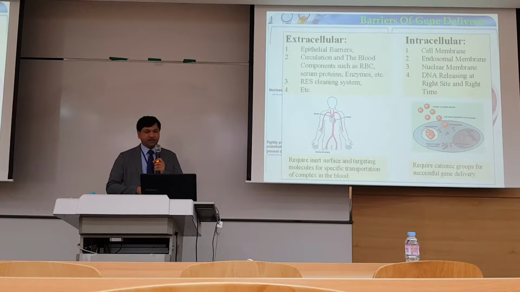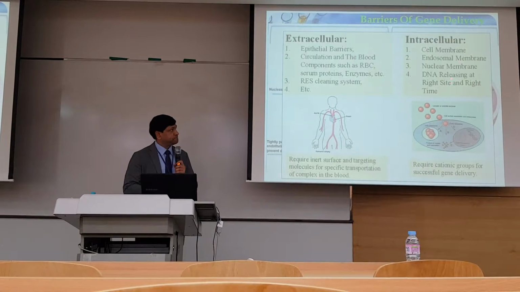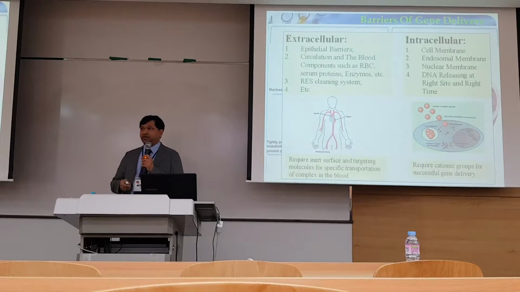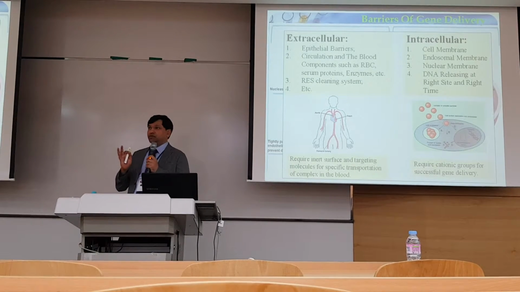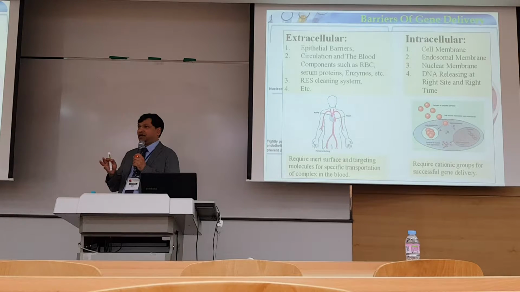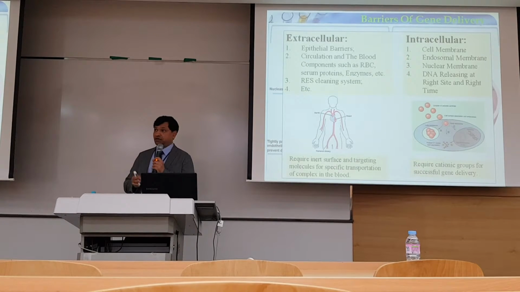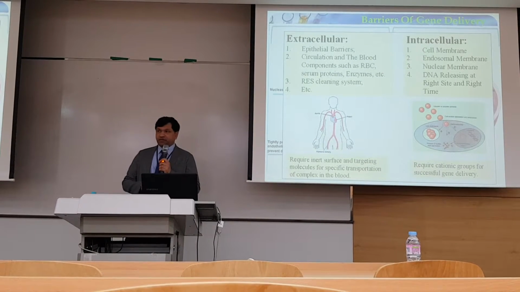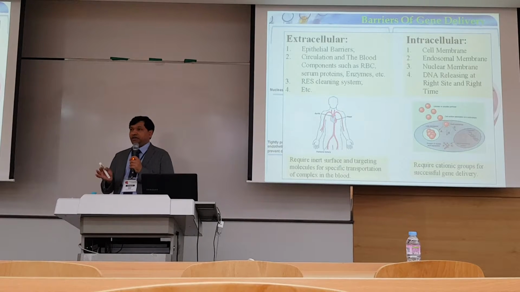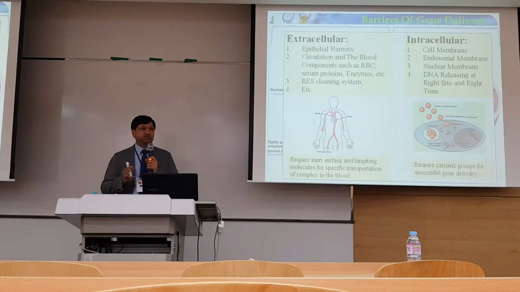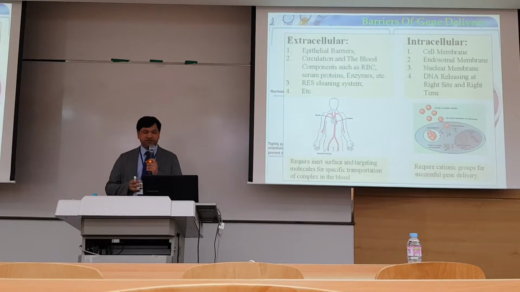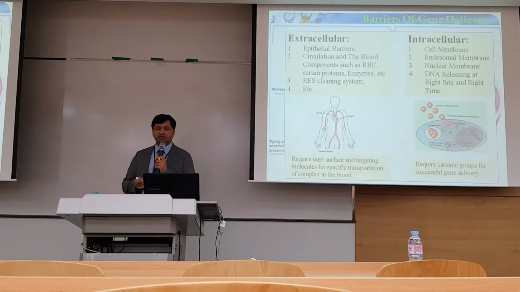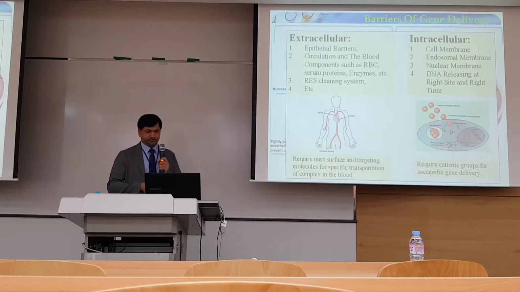In the case of intracellular barriers, the cell membrane is the first one, then the endosomal membrane and the nuclear membrane. Also, releasing the DNA at the right time and the right location is very important. So we need specific carriers, such as cationic or multifunctional carriers, which can have a specific activity so that they can successfully deliver at the target site.